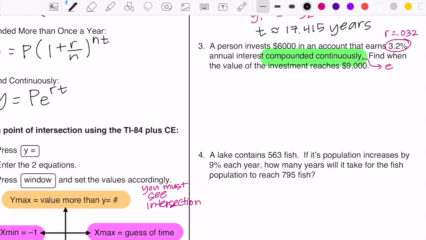So it's y equals P E to the RT, and I'm wondering when it's going to reach 9,000. It started at 6,000. We have E to the 0.032 times t. So y1, y2.